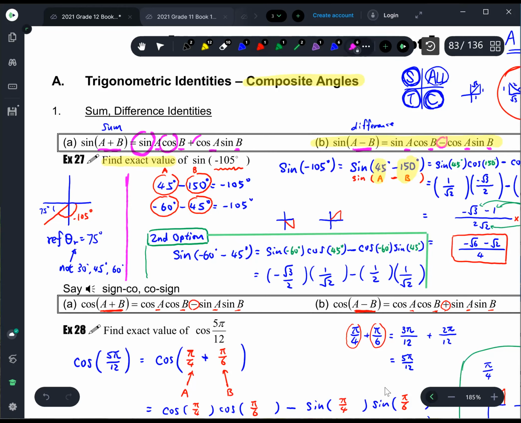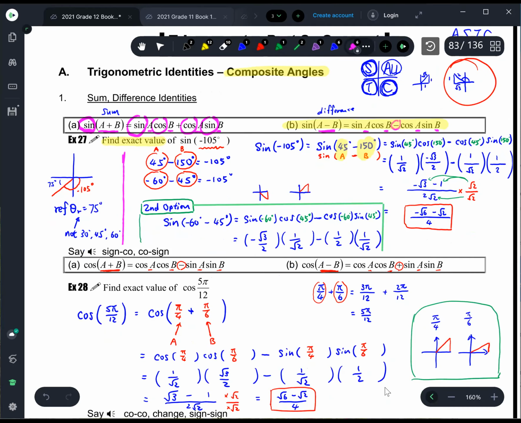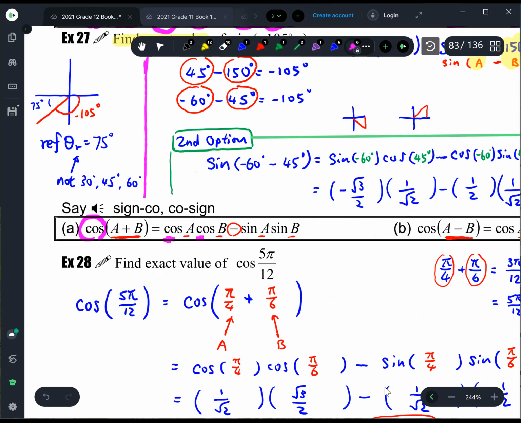The way I say it is: sine of sum and difference is sine cosine. Cosine, you just say co, it's faster. Sine, sum and difference, sine cosine. If it's cosine, it will be co, co together. Co, change. You need to change to minus. Sine, sine.